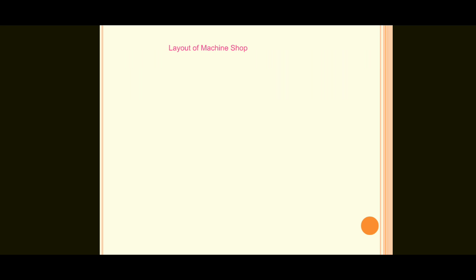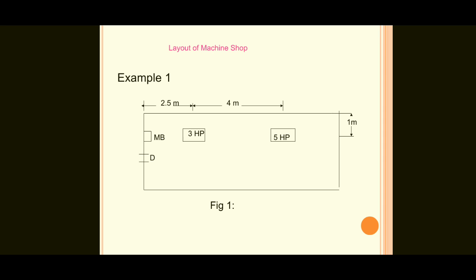Layout of machine shop. Now a simple example: 2.5 meter, 3 HP and 4 meters, 5 HP. Here in the machine shop, two motors are placed.